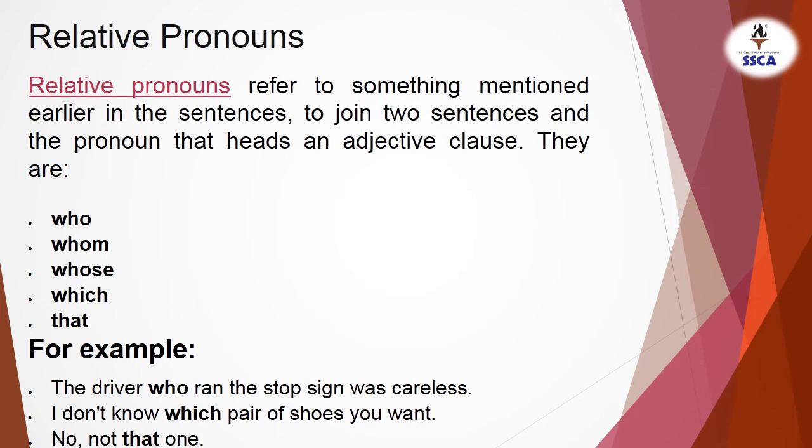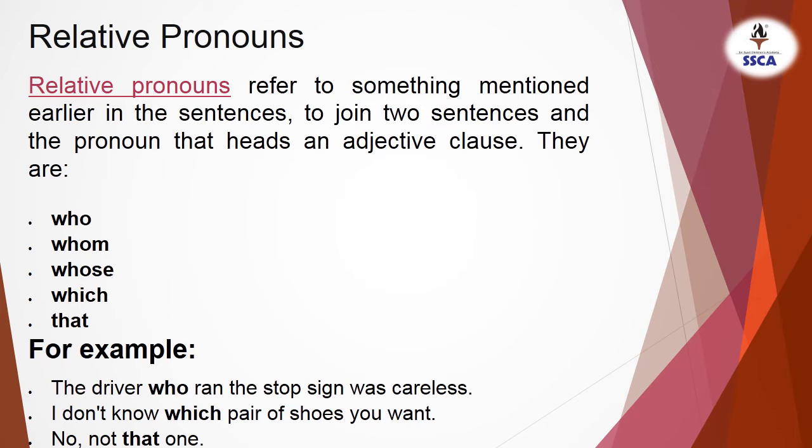Well, relative pronouns refer to something mentioned earlier in the sentence, join two sentences, and head an adjective clause. They are who, whom, whose, which, that. For example, the driver who ran the stop sign was careless. Here, who is referring to the driver.